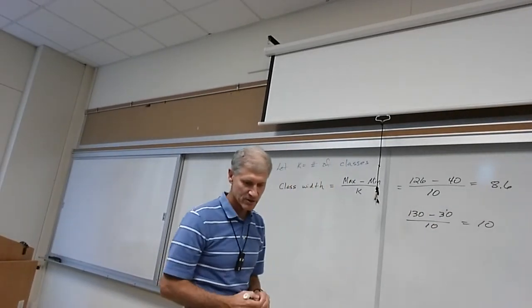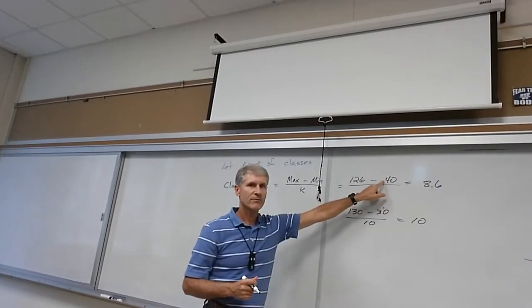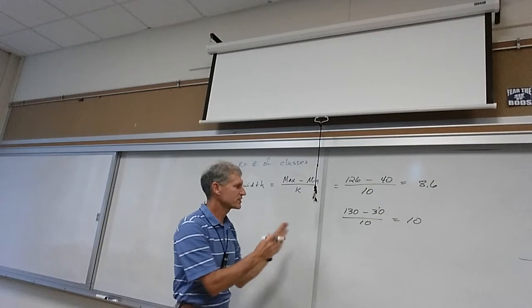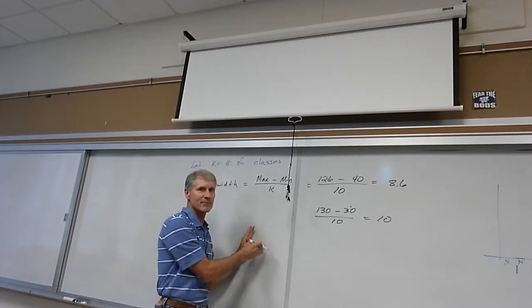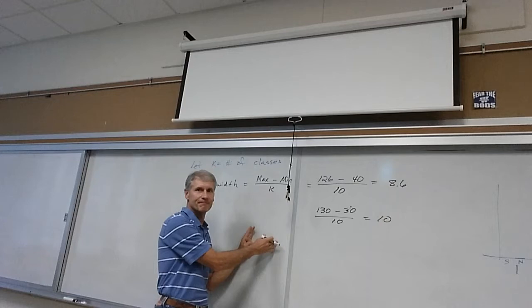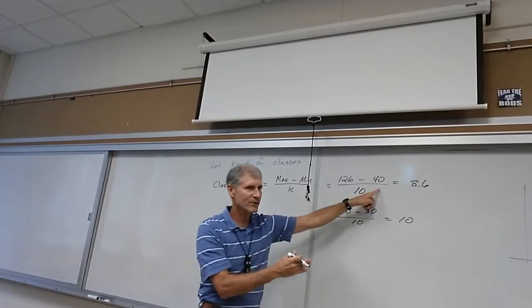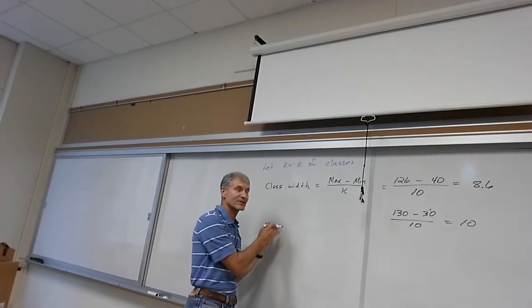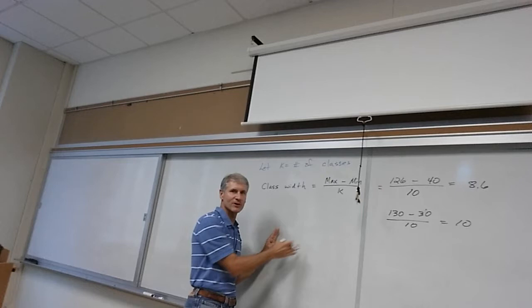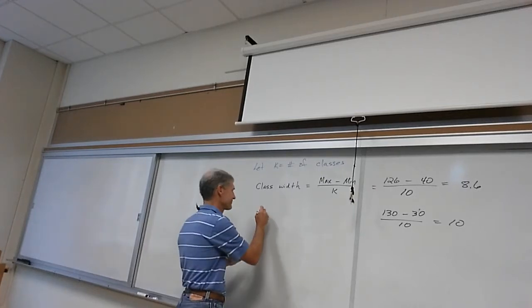So then the next thing you do is you start at your lowest value, 40, and figure, okay, what's a reasonable place to start that includes that minimum value, right? So what did I say our minimum was? 40. So if I use a class width of 10, where's a good place to start? 40. Yeah, good.